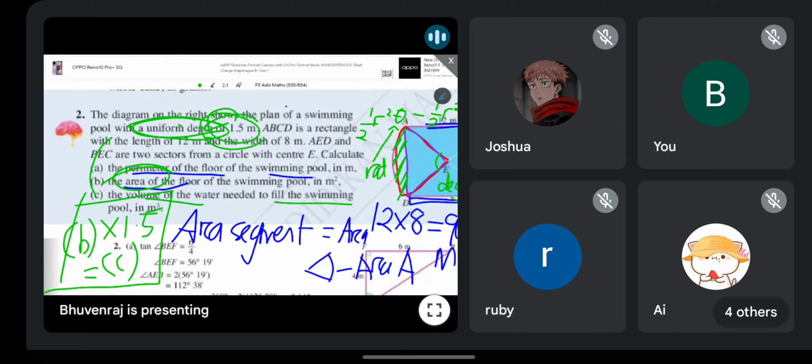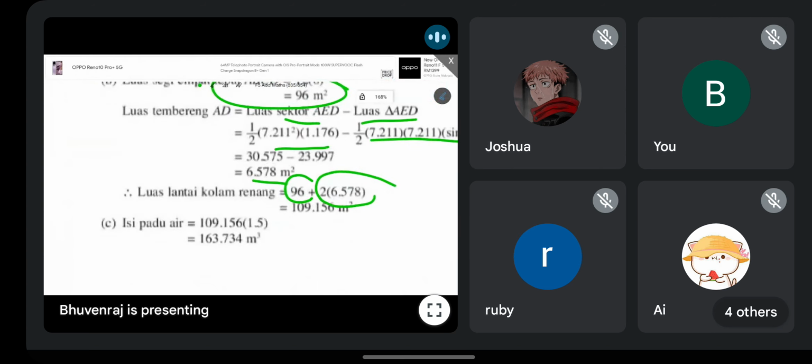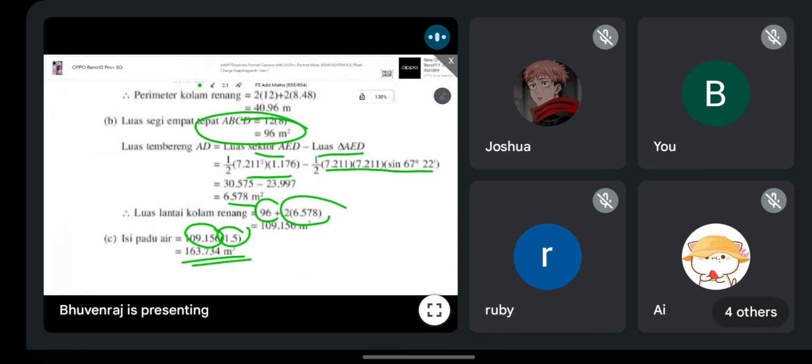Kamu tak boleh cari. Sebab nilai dia berbeza untuk section berbeza. Kalau kedalaman dia, let's say, dari sini tiba-tiba dia berkurang, isi padu tak sama dah. Okay? Okay guys? So itu cara kamu buat soalan C lah. Jawapan B kali 1.5. Ini jawapan dia.